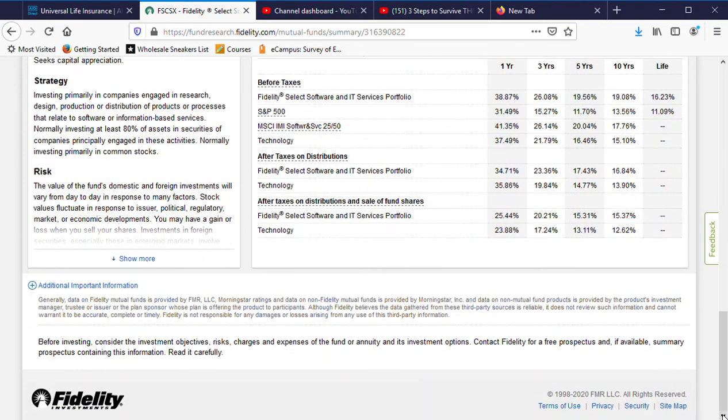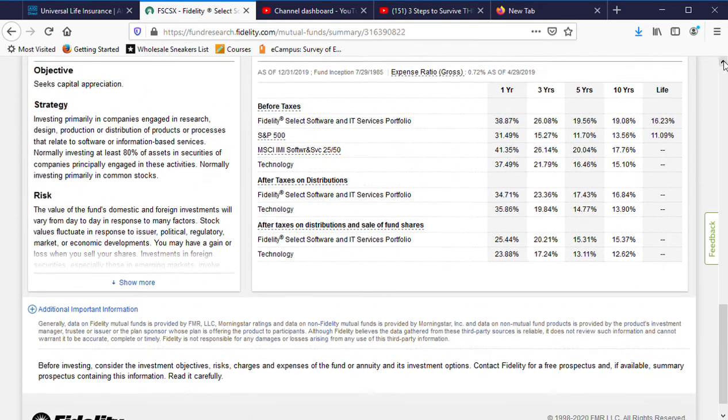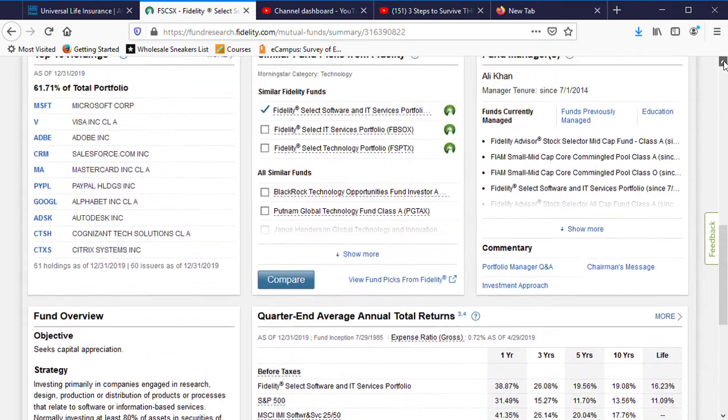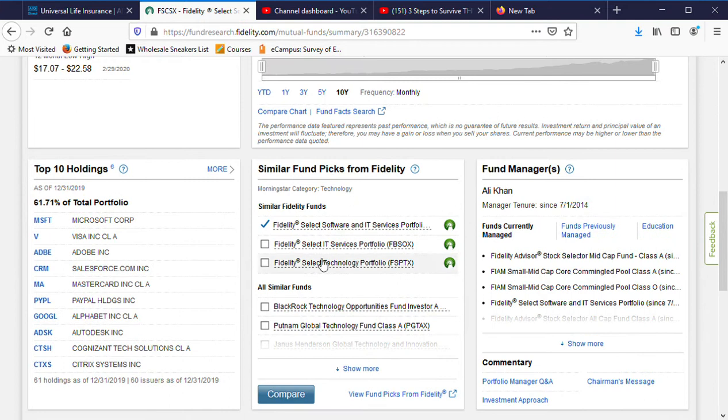Now let's go back. Another thing I wanted to mention too, if you look here, it tells you similar funds that you can put your money in. So let's look at this one. The BlackRock Technology Opportunity Fund is similar to this one. So let's look at that one.